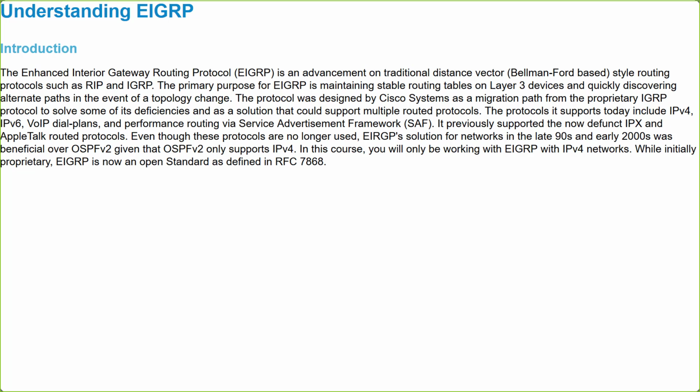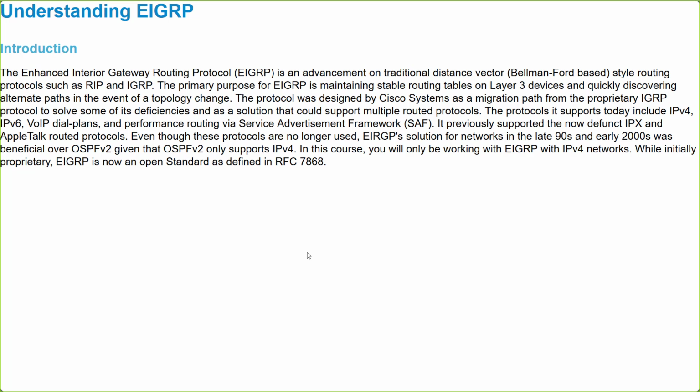All right. EIGRP in July of 2013, I believe it was, was released as an open standard. Prior to that, it was Cisco proprietary, but it was released as an open standard to the public with some limitations. Some of the enhanced features of EIGRP are still considered to be proprietary, but most of the basic features of EIGRP were released as an open standard in RFC 7868.